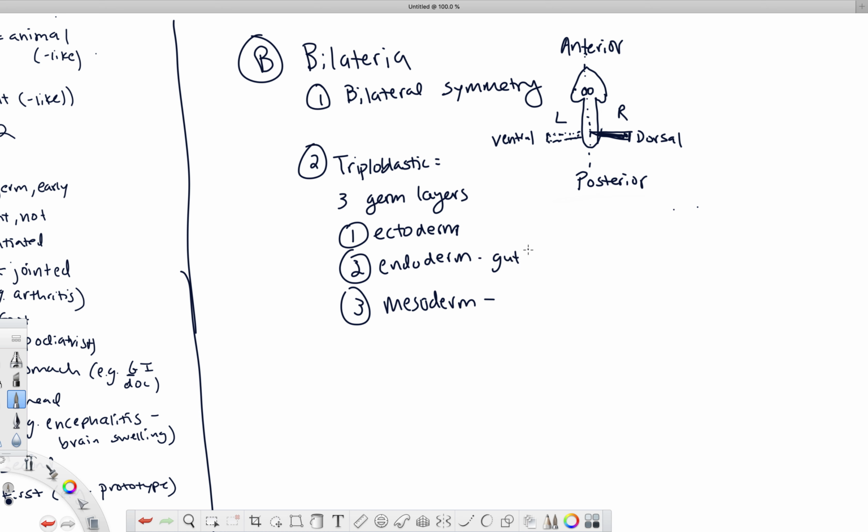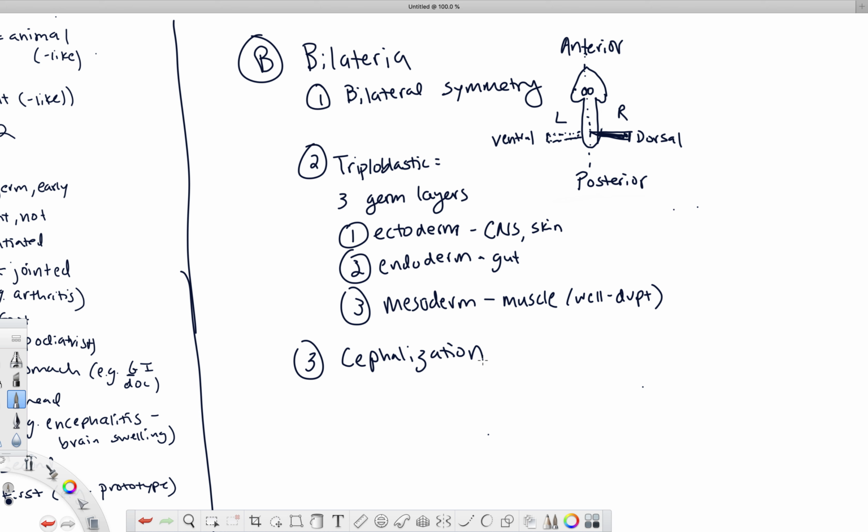Endoderm is where the gut and other organs come from, but primarily gut. Ectoderm is the central nervous system, and we're looking at the skin. Mesoderm, big one, is muscles. They're very well developed muscles, at least compared to non-bilaterians. Okay, the third characteristic that they have is cephalization.